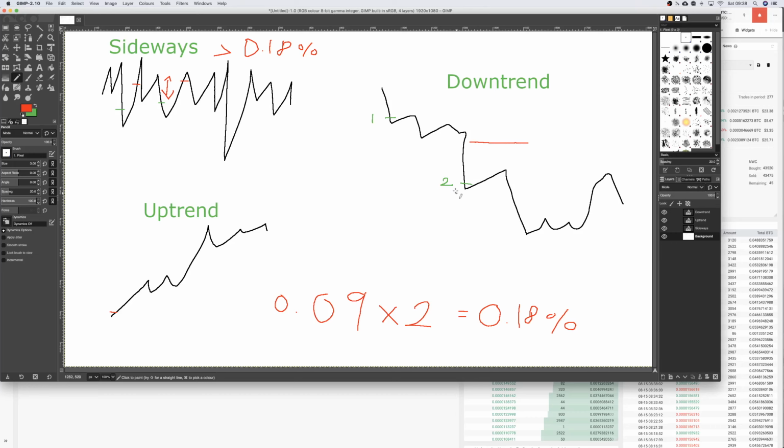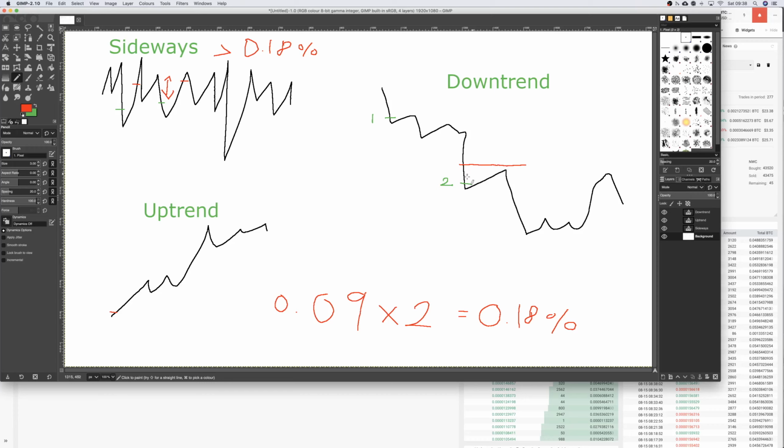But by buying twice this amount, I am lowering my break-even price to 1/3, I think, or something like this. Anyway, I'm lowering it here, meaning that it's much easier with a small bounce to get out.